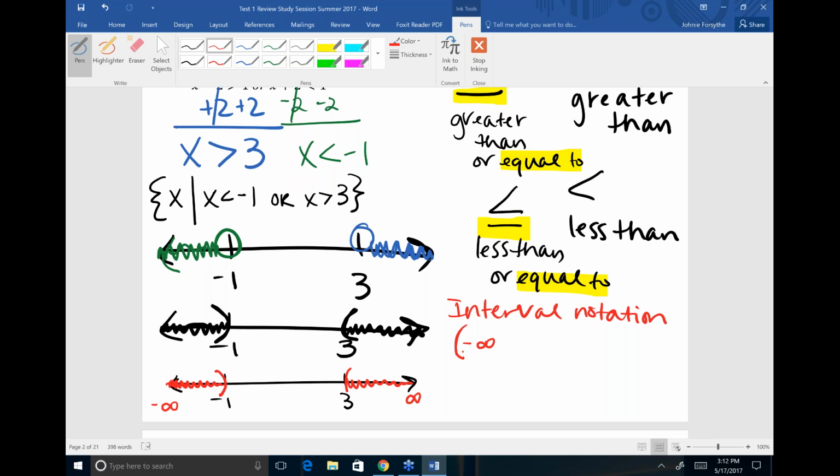For infinity, we always use parentheses. So from negative infinity all the way to -1, we're going to use parentheses, -1. And since we are not including -1, we're going to use parentheses for that. So this interval here represents this interval here.